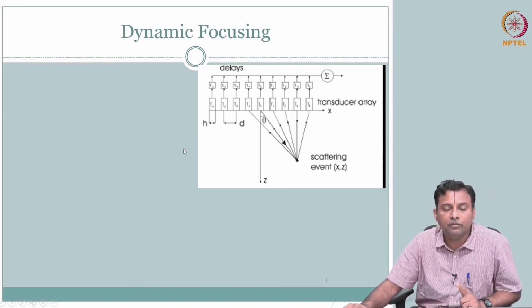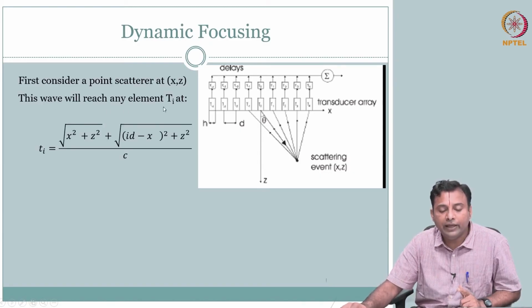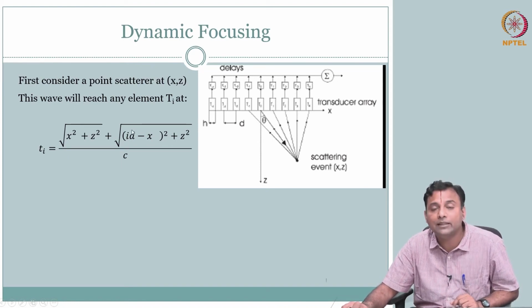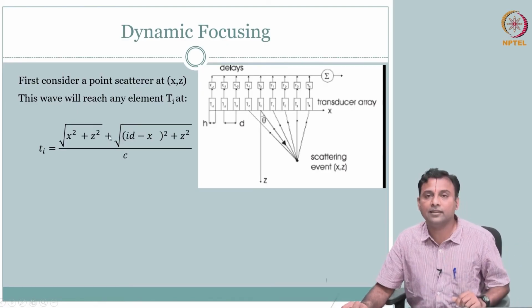So, straightforward, we write similar to what we did. First consider a point x comma f. This wave will reach any element Ti at Ti equals square root of x square plus z square, plus the extra path length, divided by c. If you care, this is actually the same as your transmit, with the only thing being that here we put a plus, there it was a minus.